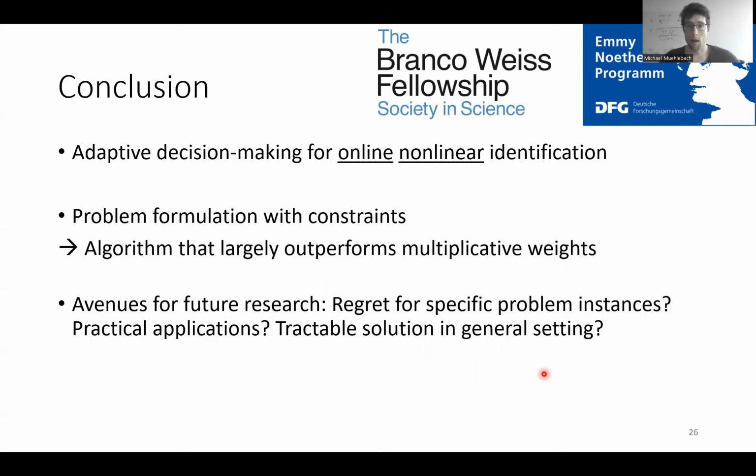With that, I would like to conclude. I showed you a new setup for adaptive decision making where we have constraints, and an efficient algorithm to solve these kinds of problems. I think it would be very interesting to apply this in online and nonlinear system identification as a starting point for reinforcement learning. Thank you very much for your attention.